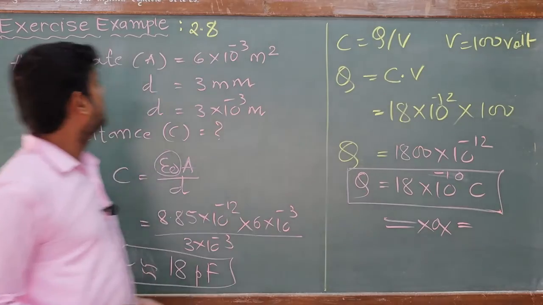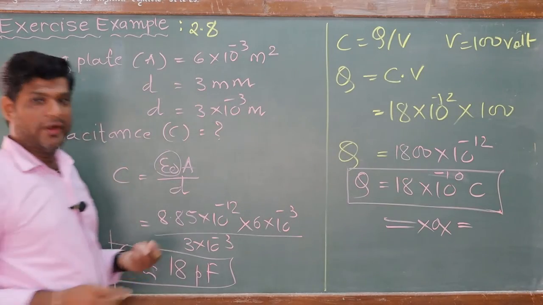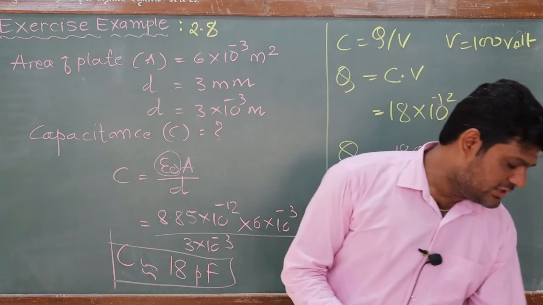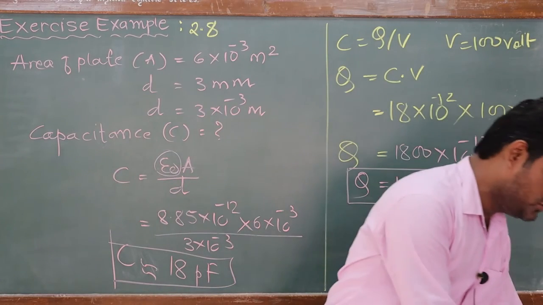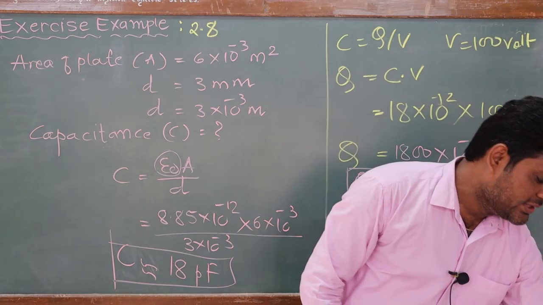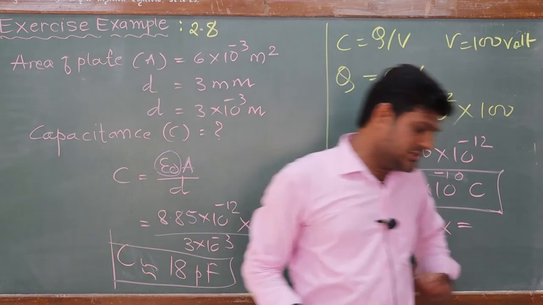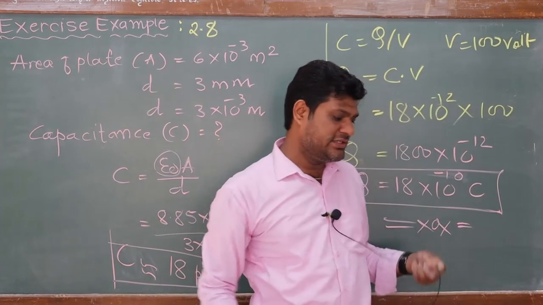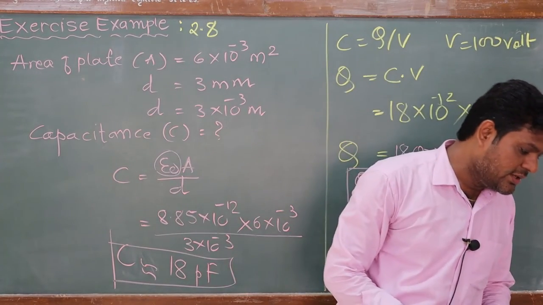In this way, we completed example number 2.8. 2.9 will be homework for you. 2.10 will also be homework for you, because 2.10 is a very easy example. What is given? A 12 picofarad capacitor is connected to a 50 volt battery.